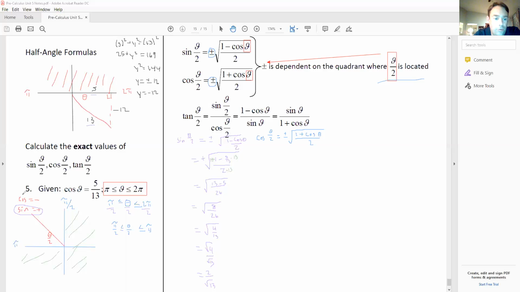So we think here about cosine. Over here in our half angle, it's going to be the negative. So I'm going to use the negative radical here. 1 plus cosine theta, again, that was 5/13. And we're going to divide it by 2.